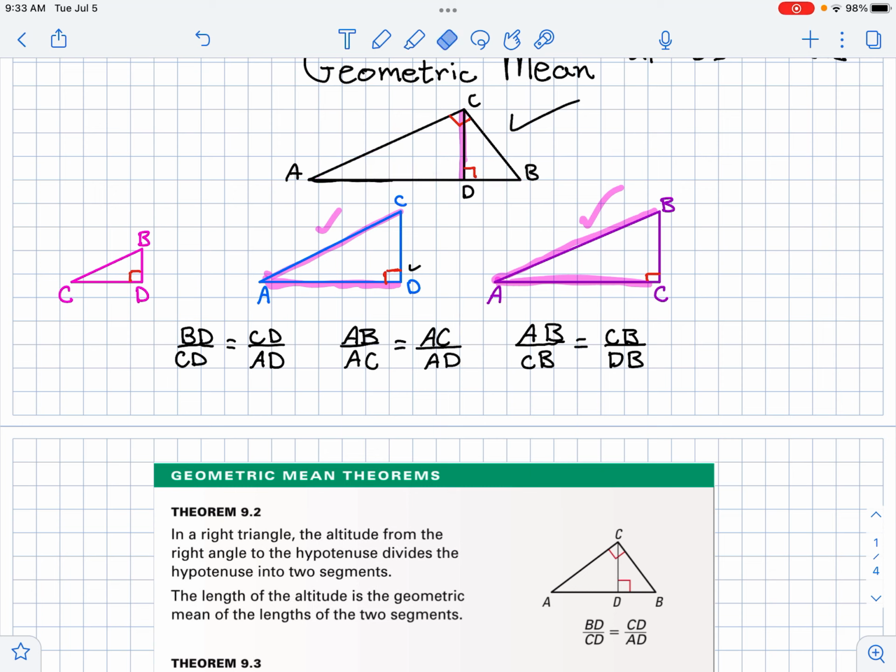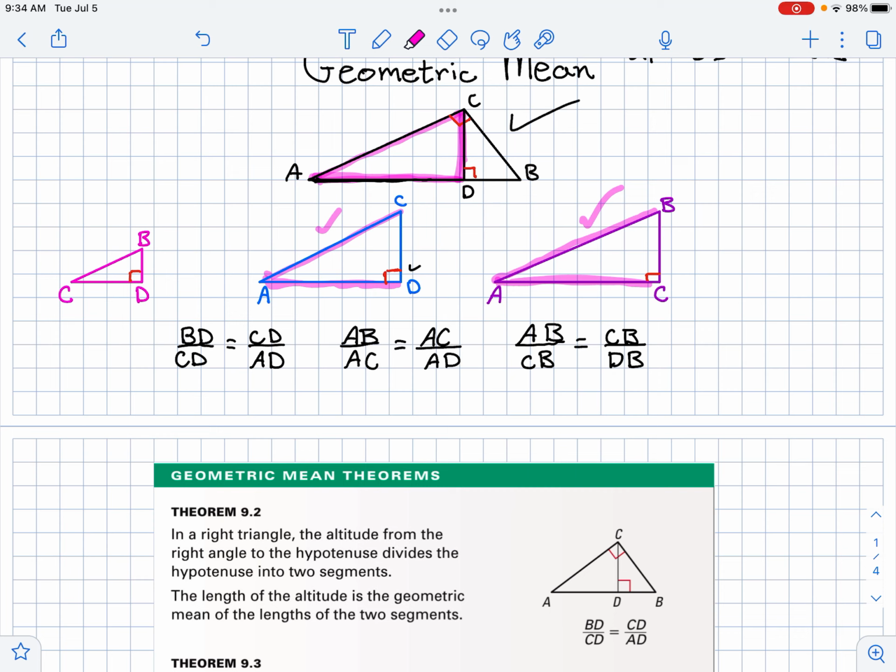Let's think about what we have here. We have this new triangle, and I'm saying the hypotenuse is the geometric mean between the original hypotenuse and the side of that newly created triangle, the adjacent side to the altitude.